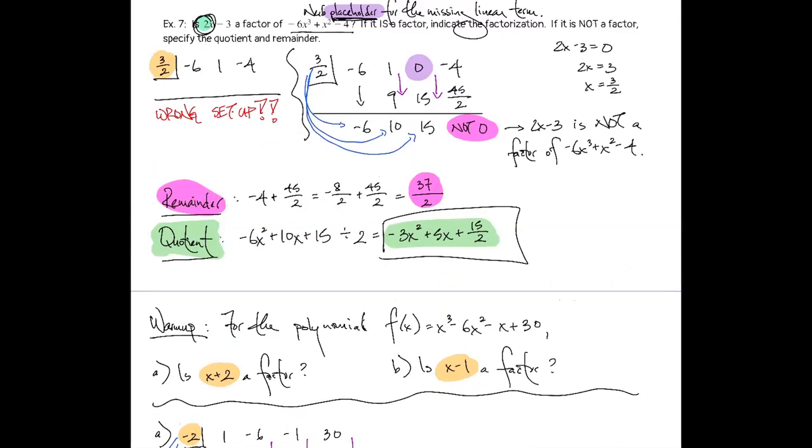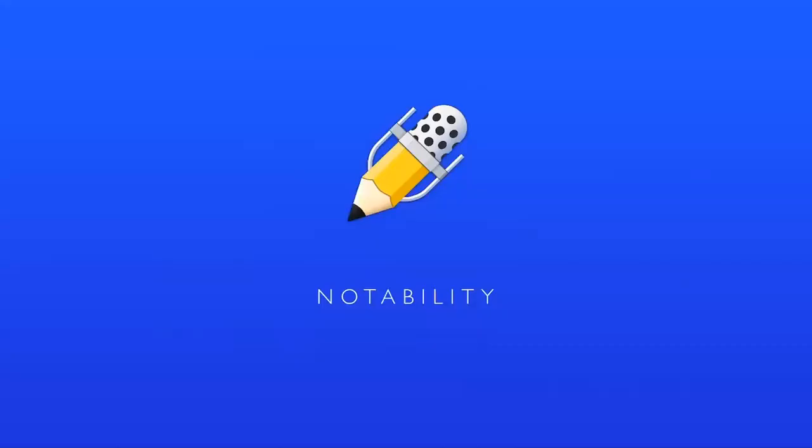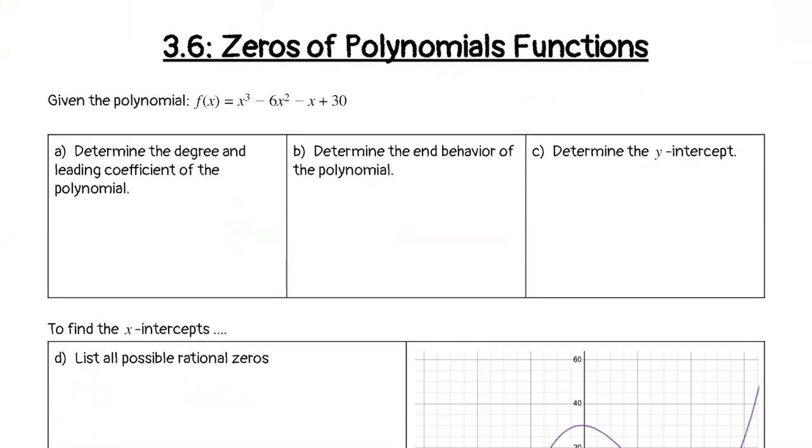Okay. So we're going to go ahead and jump right into 3.6, okay? So if you go to the 3.6 notes, it should look something like this. And that polynomial f of x should look super familiar, right?